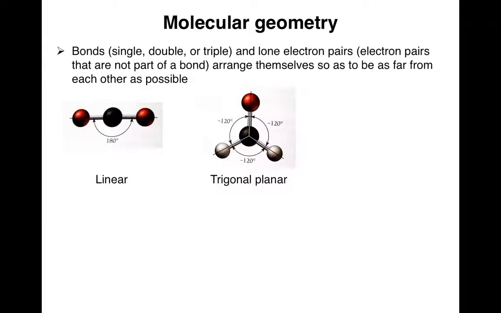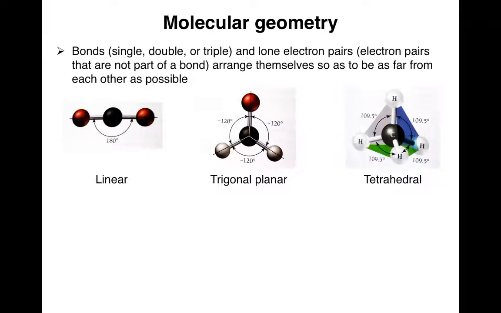If a central atom has 4 bonds and no lone electron pairs, to be as far away from each other as possible, the bonds must point towards apices of a triangular pyramid at angles of 109.5 degrees to each other. This molecular geometry is called tetrahedral, and an example of a tetrahedral molecule is methane, CH4.